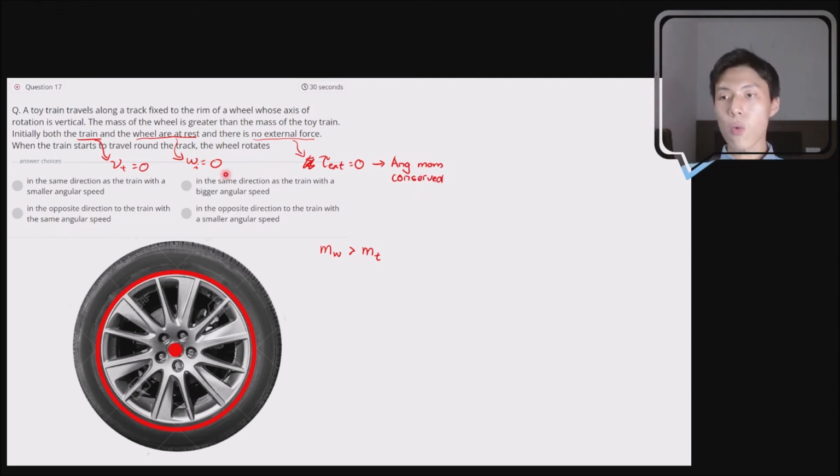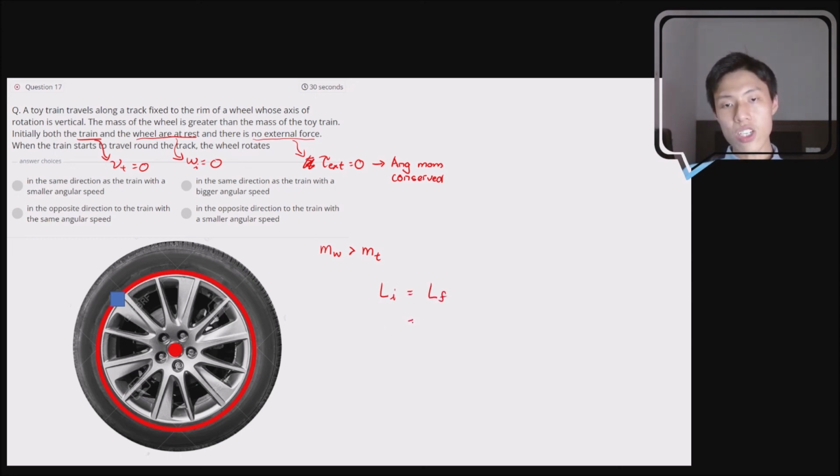Now when the train starts to travel around the track, how will the wheel rotate? In this situation you have a track attached to the wheel, and a square here to represent the toy train. Initially all of them are at rest, and the angular momentum is conserved, so let's write it down: the initial angular momentum will be equal to the final angular momentum.